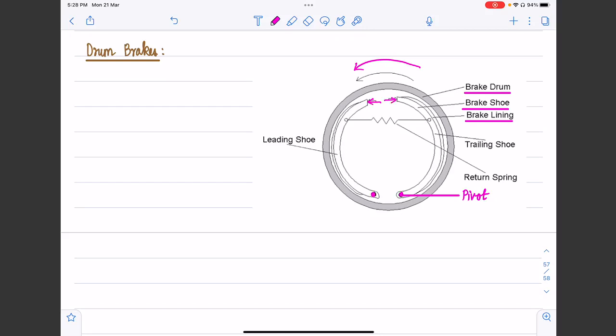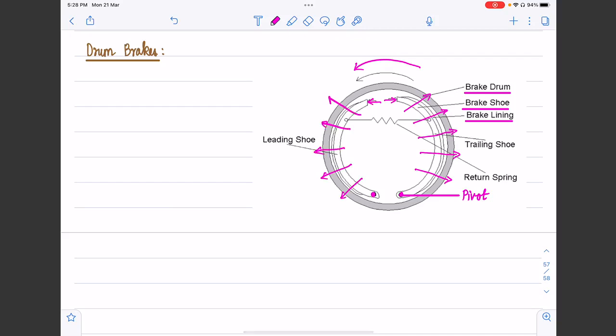When the braking actuation forces are applied at the free ends, each brake shoe is going to rotate about its pivot, and the brake lining is going to contact the inner surface of the brake drum.